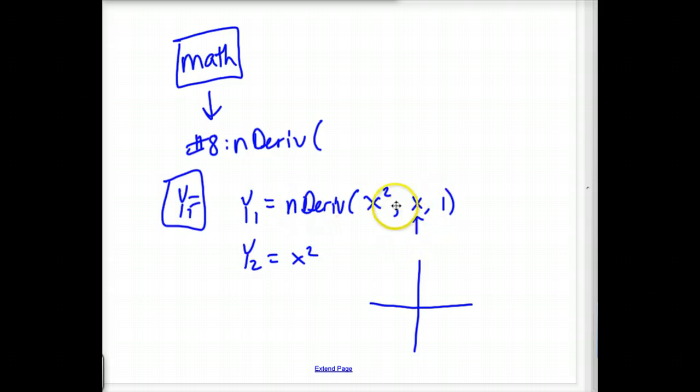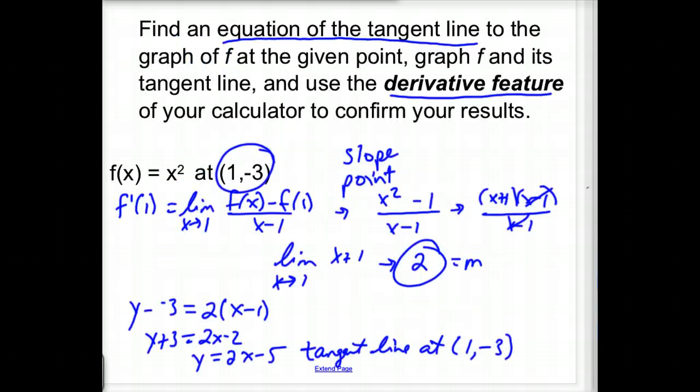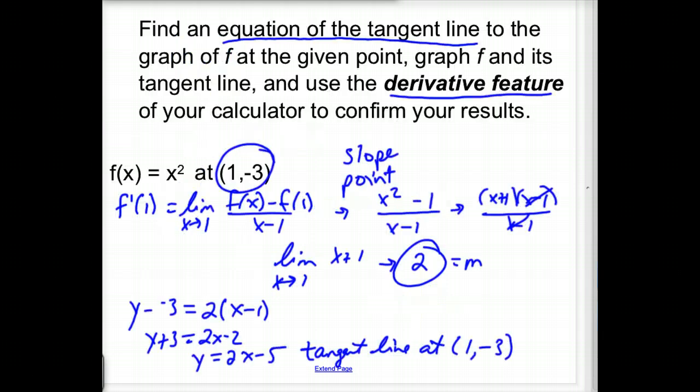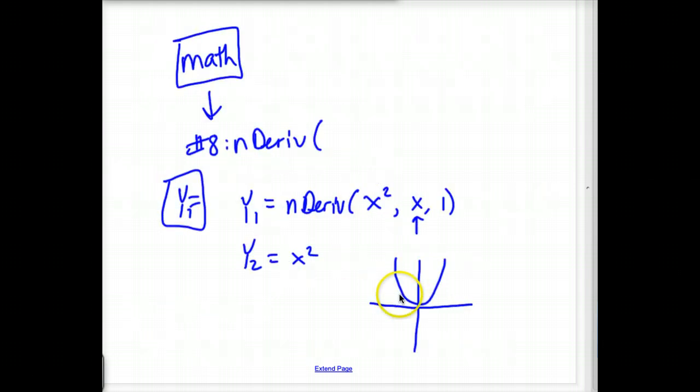Oh, that's just going to give us the derivative at 1. Sorry. It'll show you a graph like this. It'll give you your x squared, and then it'll give you the line at 2 because that's the slope at 1. That's not what I meant.